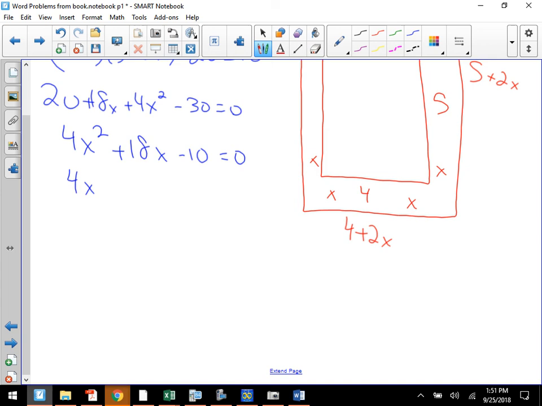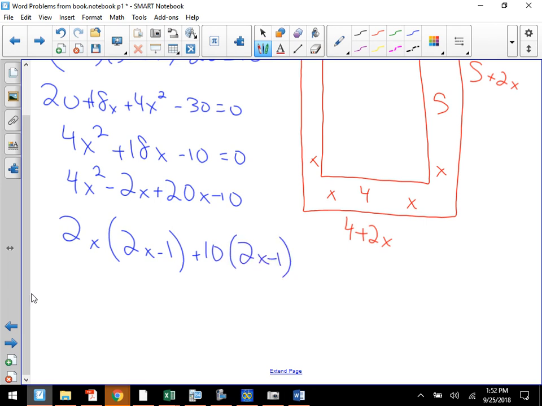So 4x squared minus 2x, 20x minus 10. And then take out the 10. Are the two things in the parentheses the same thing? That's a good sign. And the other one's 2x plus 10.